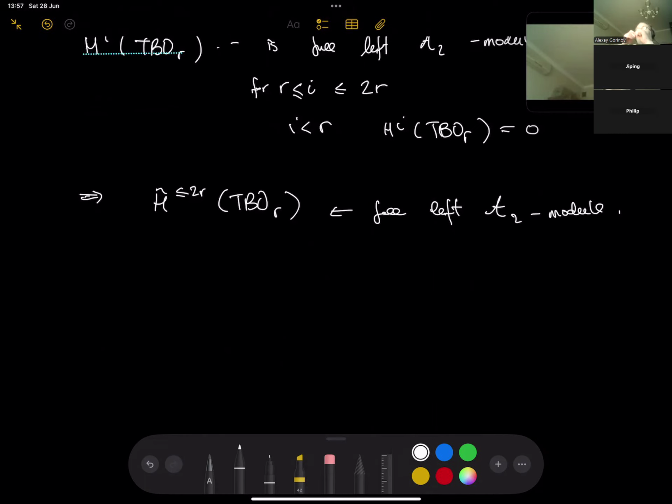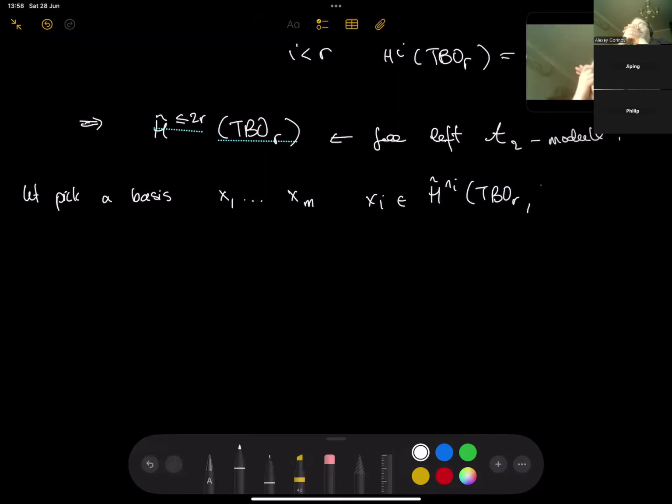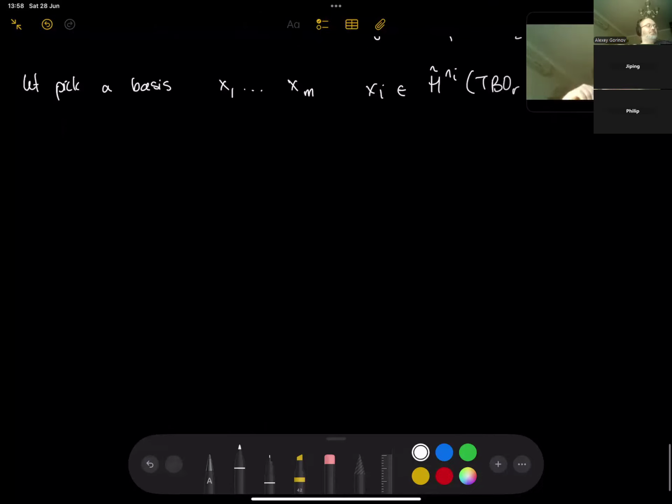Okay, so let's pick a basis, x1 through xm. So each xi lives in H^ni.